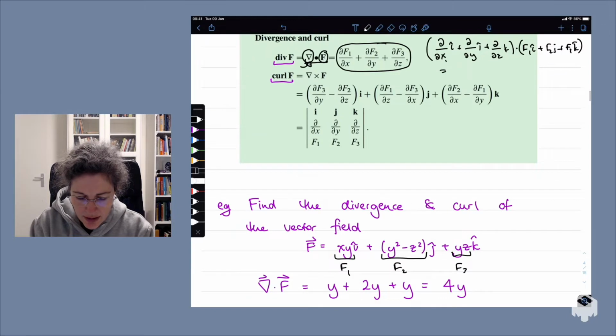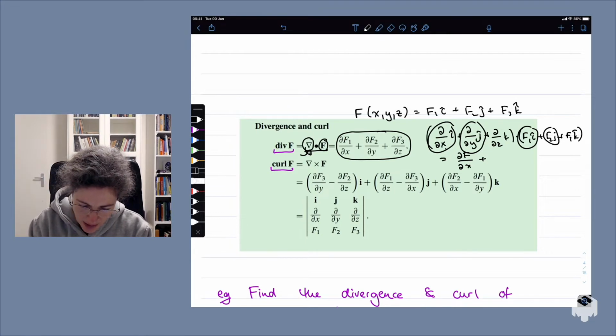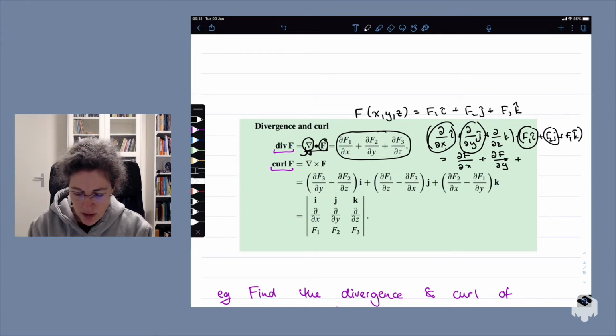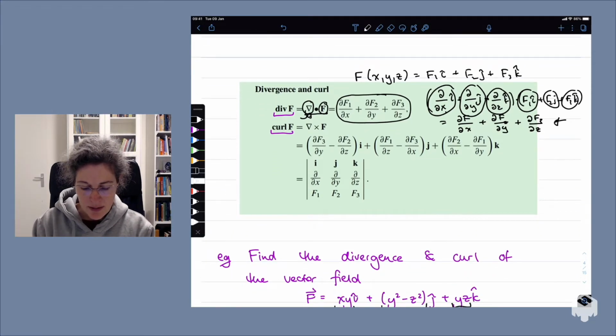Well, we've got this term dotted with this term, so that's going to give us df1 by dx. i dotted with i is just 1. Then our next term is going to be this term dotted with this term. This is a j here, let's be careful. That gives us df2 by dy. j dot j is just 1. And then we have this final term, df3 by dz, k dot k. Okay, so we end up with a scalar.